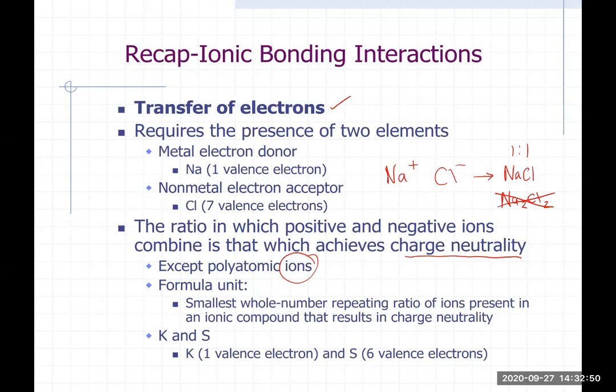And sulfur wants to gain 2 electrons to get the electron configuration of argon. Therefore, we'll need 2 potassiums to 1 sulfur for this compound to get charge neutrality, and that is potassium sulfide.